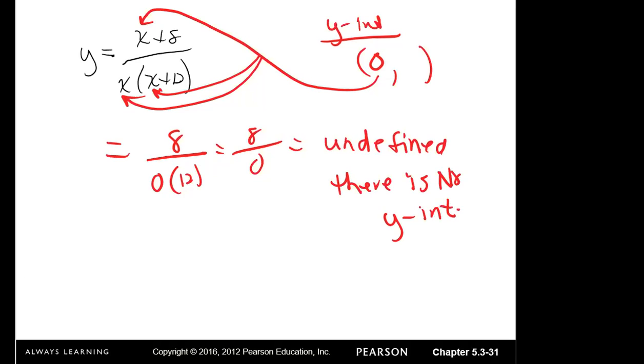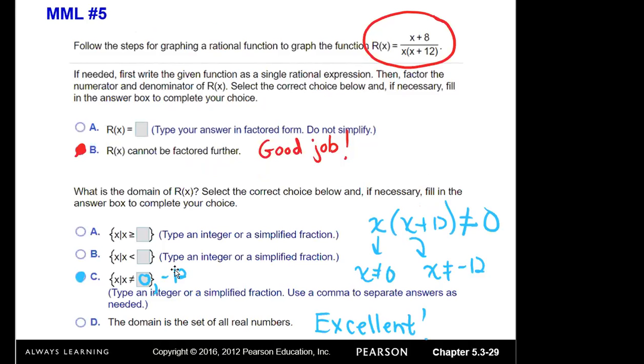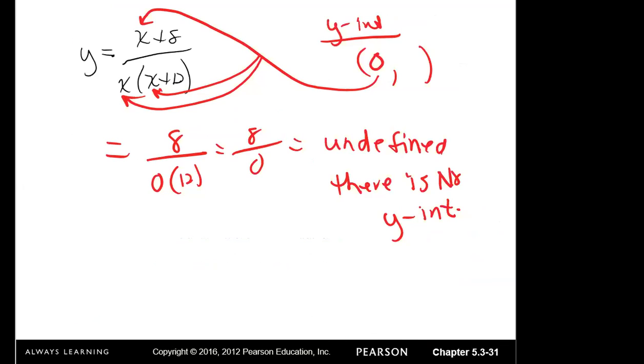This thing does not cross the y-axis. But you know what? If I'd thought about it, if I go back to right here, remember what I said? 0 and negative 12 are not in the domain because they're asymptotes. And x equal to 0 is a vertical line going through the x-axis at 0, which is also known as the y-intercept. So there's no y-intercept.